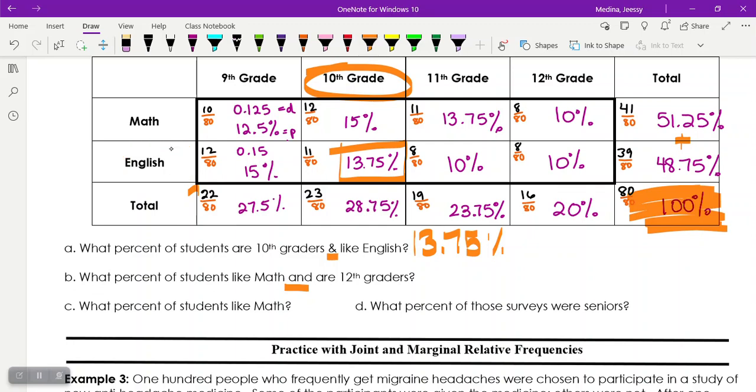So you know that, you're joining there. What is it? Is it just 10 or is it something else? Thank you. What percent of students like math?